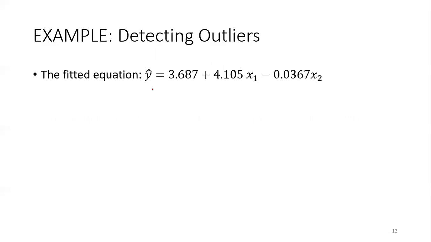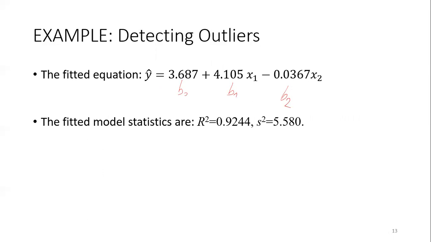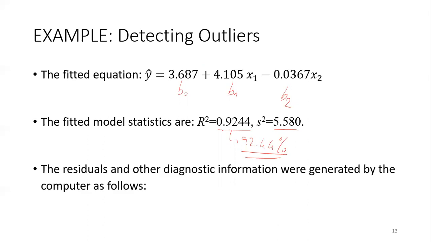If you put the data into R or Excel, this is what you get for B0, B1, and B2. The fitted model statistics are: R squared is 0.92 and S squared is 5.58. R squared is 92.44%, which is pretty high.